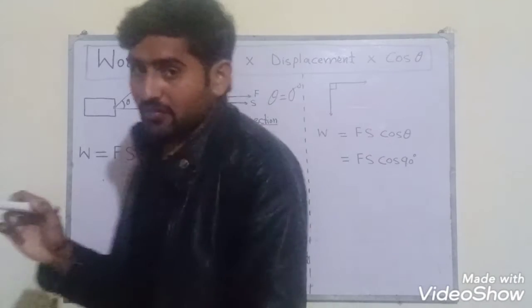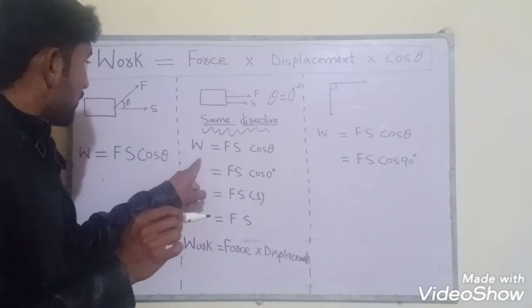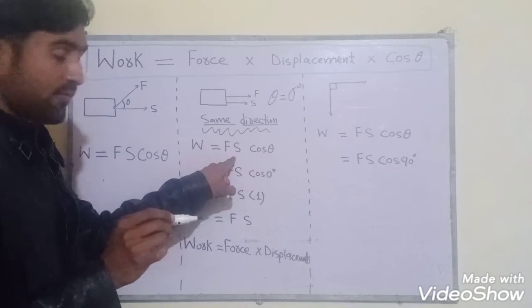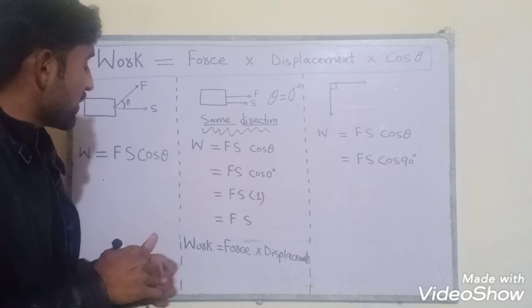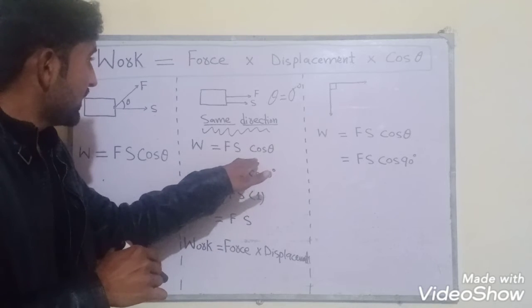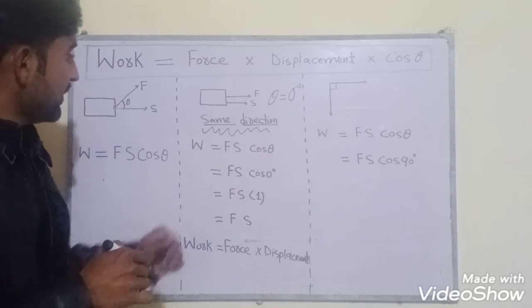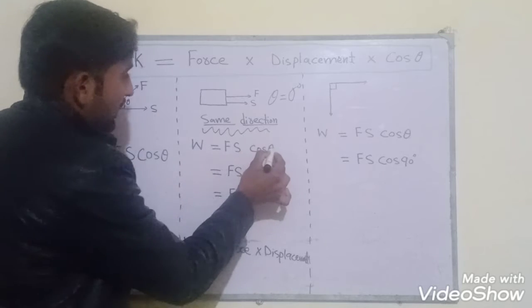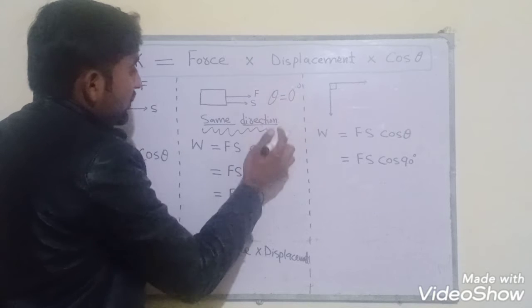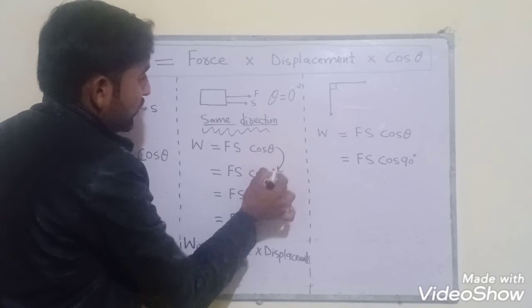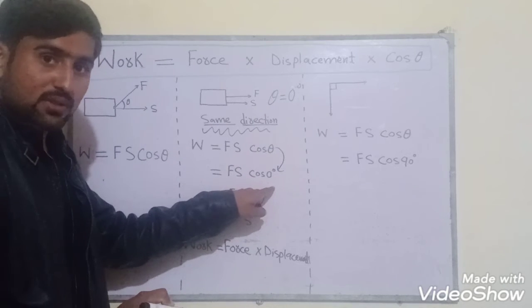Then we know work W is equal to force multiplied by displacement multiplied by cos theta, and here what is theta? Theta is equal to 0 degree. Put theta is equal to 0 degree.